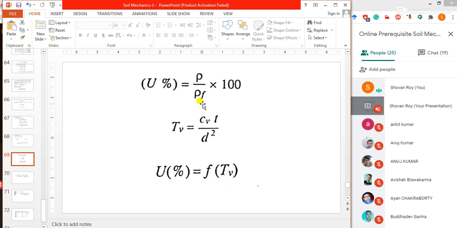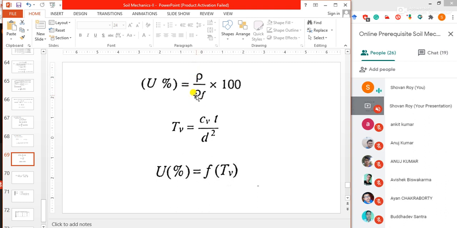Expressed as a percentage, it is termed the degree of consolidation, U. Rho is the average settlement of the soil specimen, and rho f is the final settlement of the soil specimen.